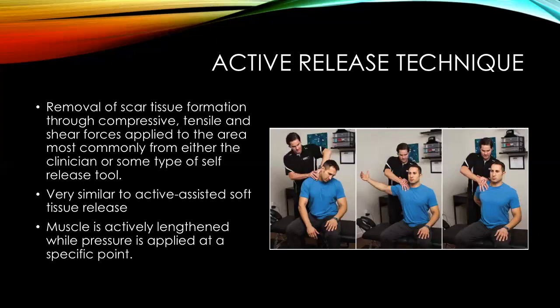The clinician applies deep tension at the area of tenderness while the patient is instructed to actively move the injury site from a shortened to a lengthened position. So you want to start them in a shortened, comfortable position and have them move through a lengthening position while you are putting high pressure or deep tissue pressure on the point of pain, or near the point of pain.